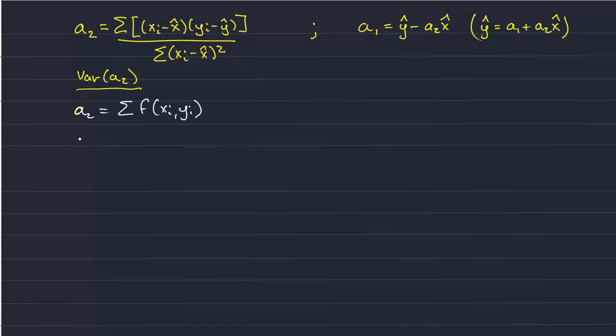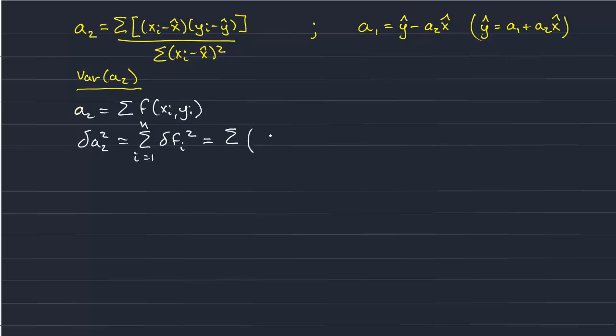And so if we talk about an error of a2 squared, that's going to be an error associated with all those functions, for each value of i. And remember, x is assumed to be known perfectly, so all the error associated with f is due to y.